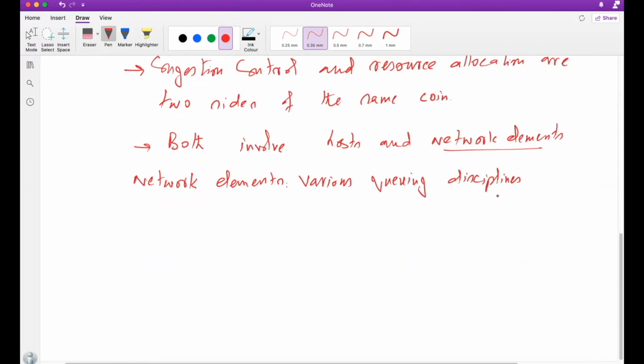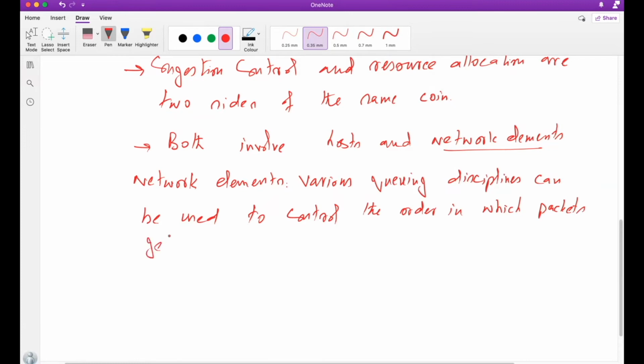So various queuing disciplines can be used to control the order in which packets get transmitted, and we can also make a decision about which packets get dropped.